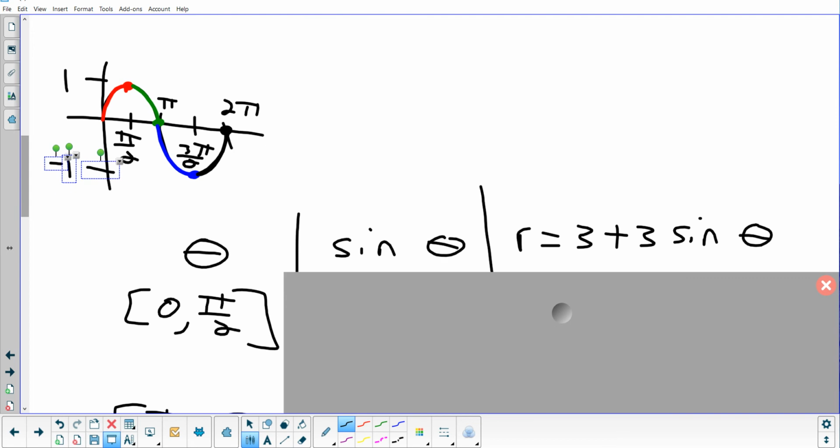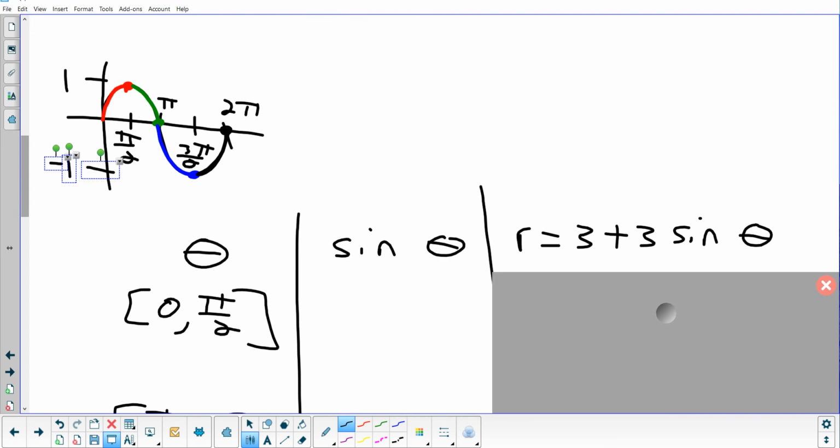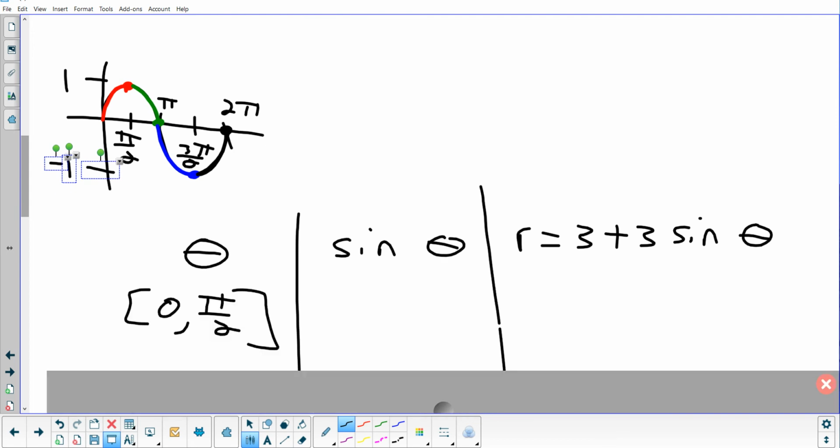The first thing I want to look at is what is happening to the sine function. Not even the function we're going to graph yet, just a small piece of what we're going to graph. As you go from 0 to pi over 2, what happens to the sine function?